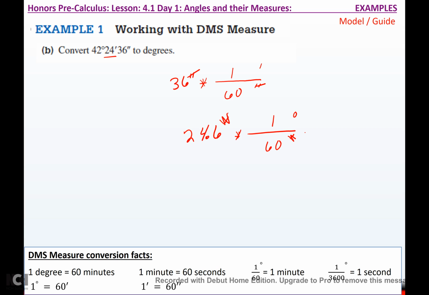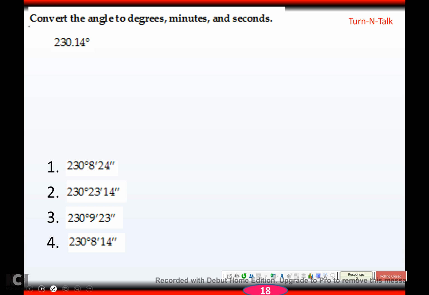And I take 24.6 divided by 60. And I get 0.41 degrees that I'm going to add to the 42, which gives me a final total of 42.41 degrees. Okay? Alright, so you try this one, come back when you're ready.